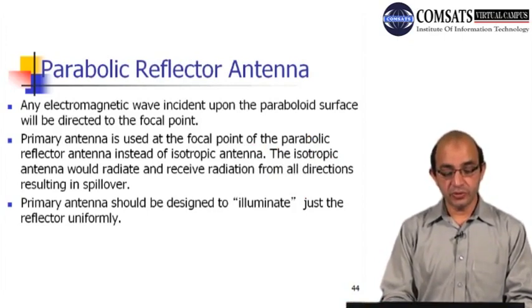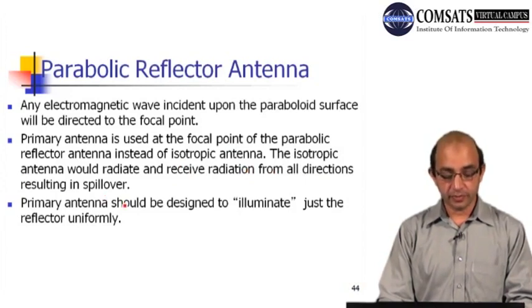A primary antenna is used at the focal point of the parabolic reflector antenna instead of an isotropic antenna. The isotropic antenna would radiate and receive radiation from all directions, resulting in spillover. Finally, the primary antenna should be designed in order to illuminate just the reflector uniformly.